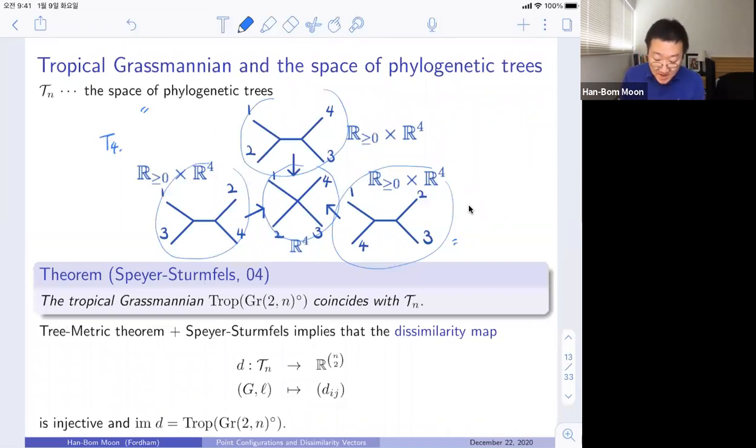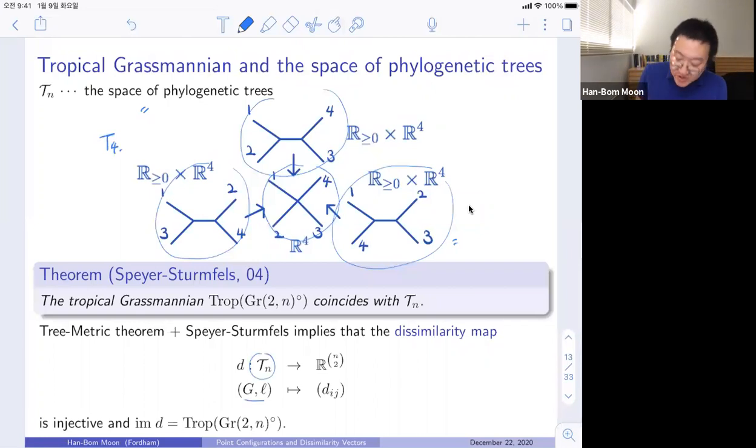Okay. Well, then the theorem of Speyer and Sturmfels, this is indeed one of the earliest papers in tropical geometry, says that the tropical Grassmannian trop Gr(2,n) coincides with the space of phylogenetic trees. So as a summary, if we combine the tree metric theorem and the Speyer-Sturmfels result, then they imply that we can define the dissimilarity map starting from the space of phylogenetic trees.